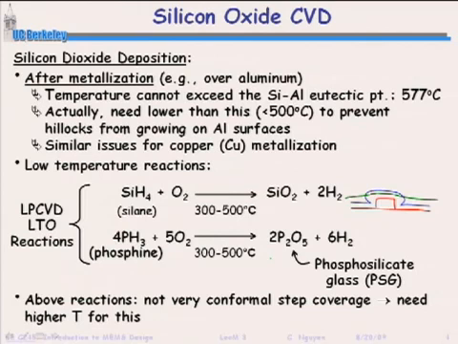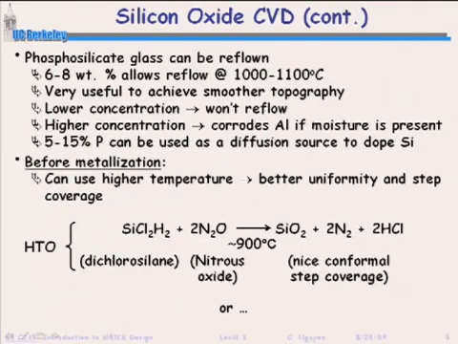It's also dependent upon the doping, the percent phosphorus that you have in there. So phosphosilicate glass can be reflown, if you have 6 to 8 weight percent, you can reflow at 1,000 to 1,100 degrees C. If you dope it even higher, you can actually reflow at even lower temperatures, but there's a problem with higher concentration of phosphorus, and that's that it starts corroding some of the metals around it.